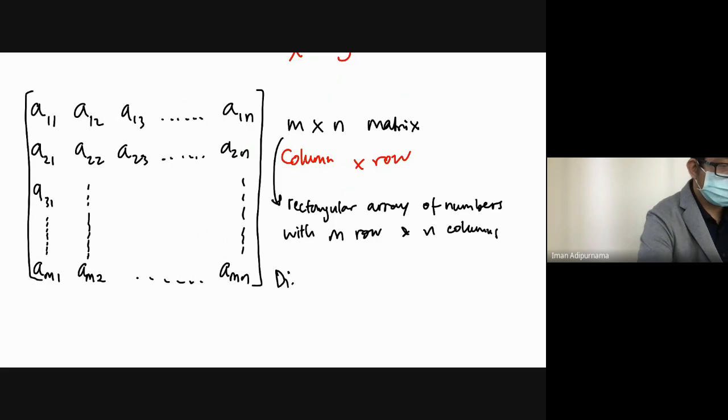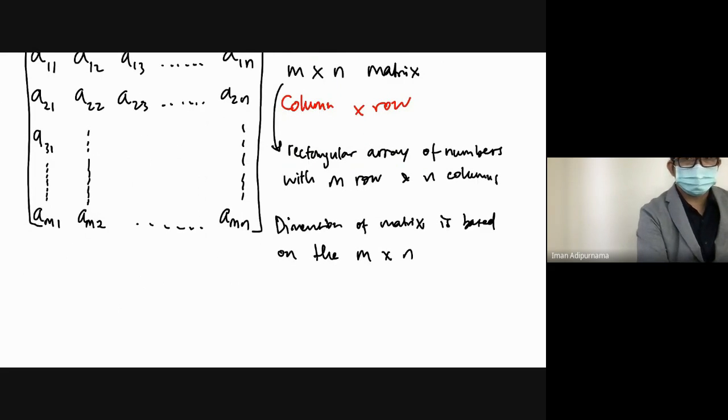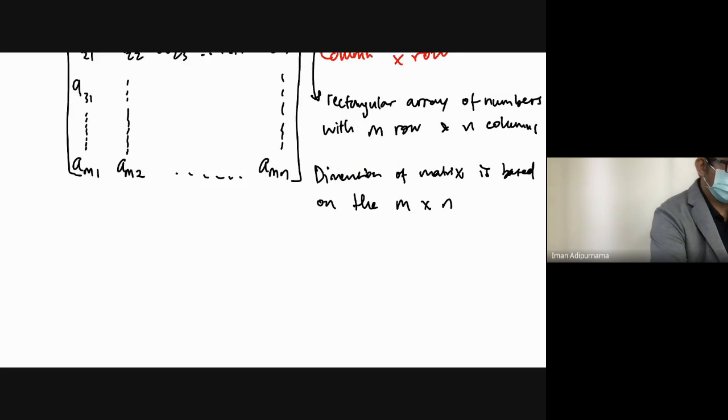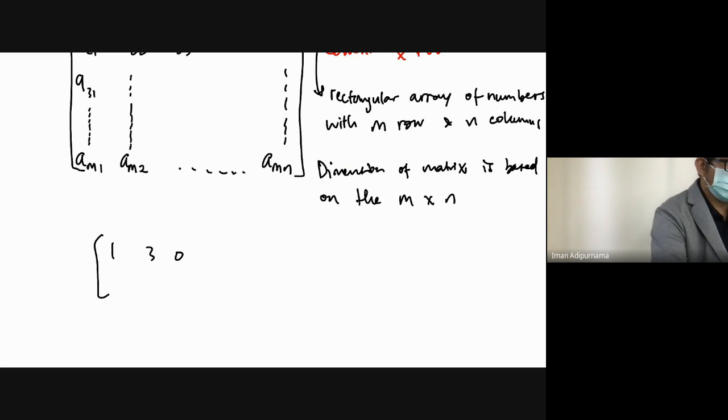The dimensions of a matrix are based on the row and column, M and N. So if we have just a random number 2, so this will be a 2, 3 dimension matrix.